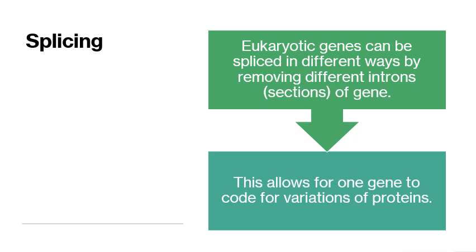So just to reiterate on splicing, if we cut out different sections, we can have a gene that codes for a variety of proteins. And let's quickly show that in a different way. We might have a gene and say it's made up of these numbered sections.